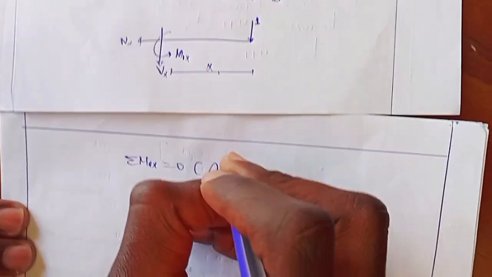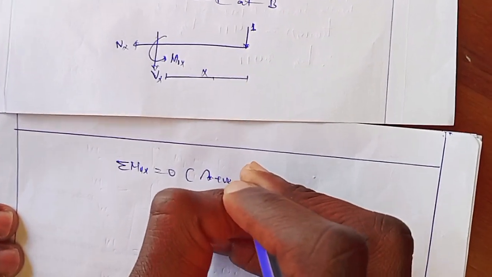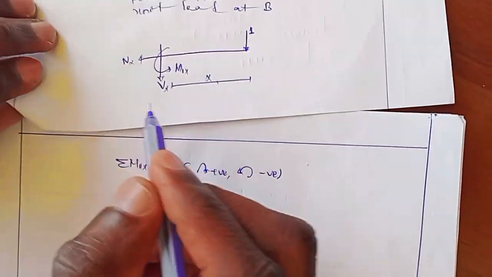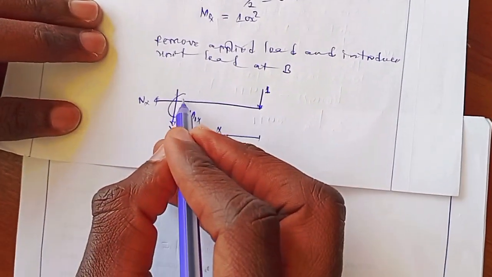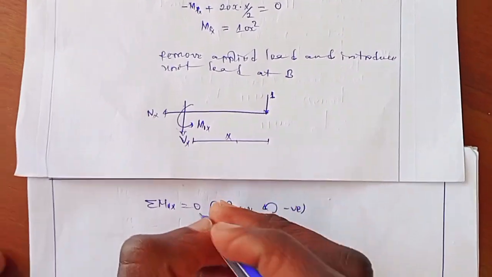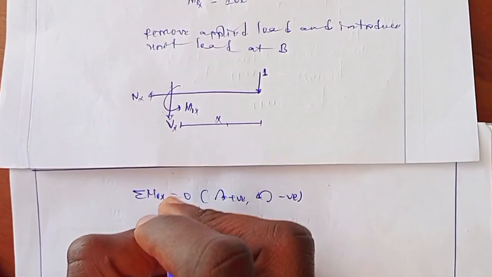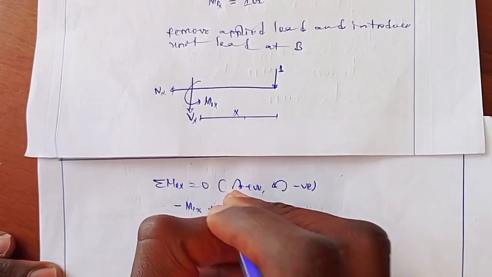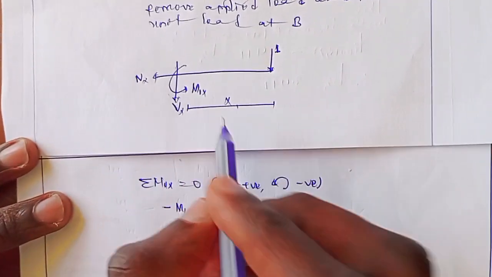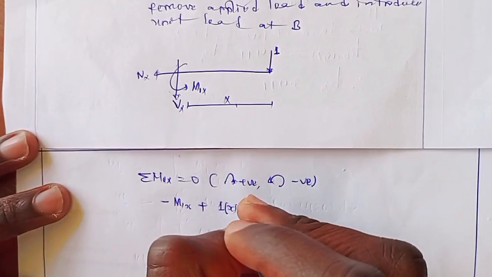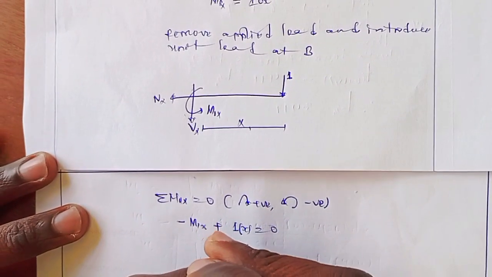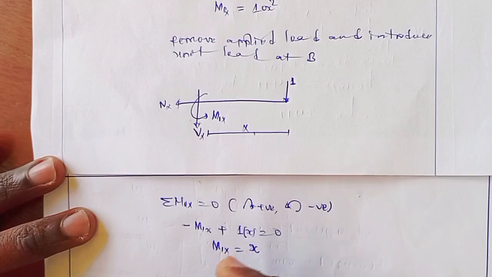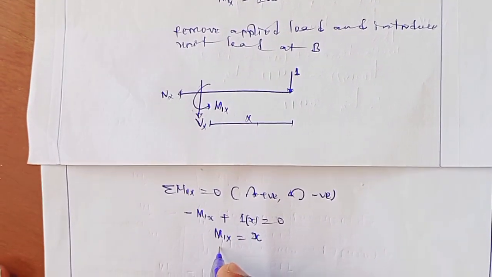Clockwise direction will be positive and anticlockwise direction will be negative. So the moment at this point is in an anticlockwise direction. So it will be negative Mx plus 1 times the perpendicular distance. The perpendicular distance is x, so times x is equal to 0. The moment at x is equal to x. This is the moment due to unit load.